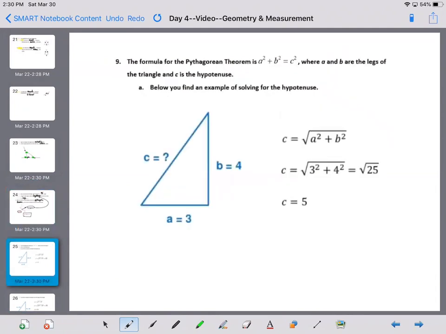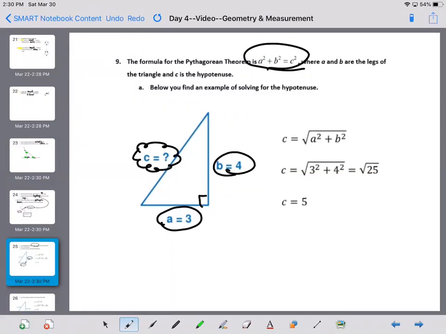I'd mentioned how this is kind of a variation of your distance formula. In the formula, a and b are legs, c is the hypotenuse. Here's an example where one leg is 3 and the other leg is 4. How are you going to find the hypotenuse?